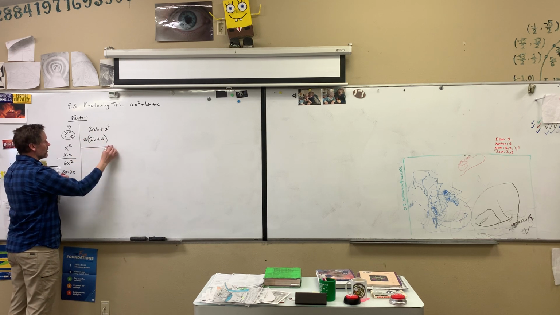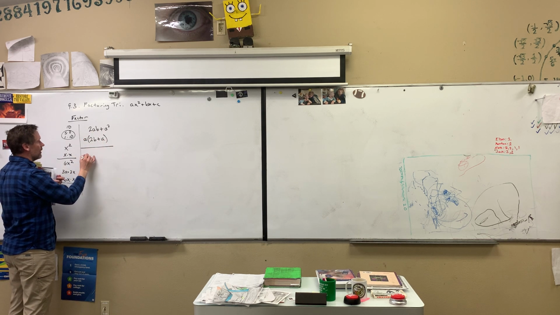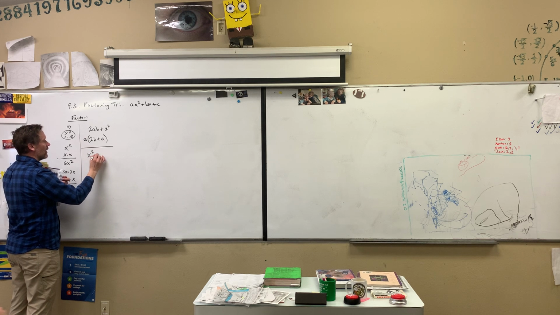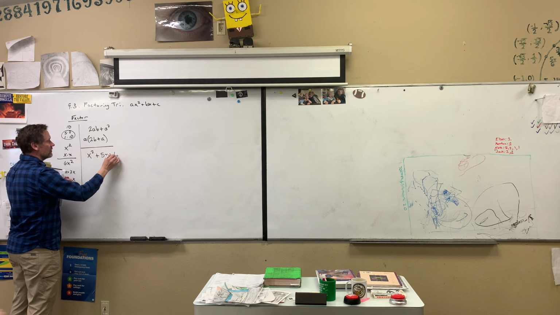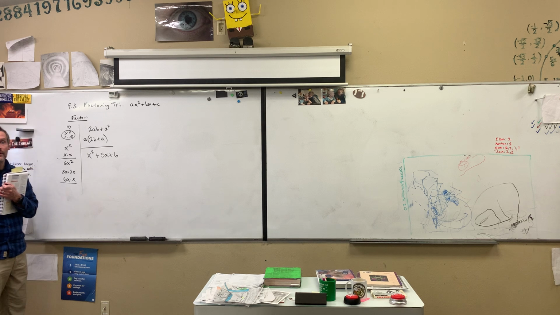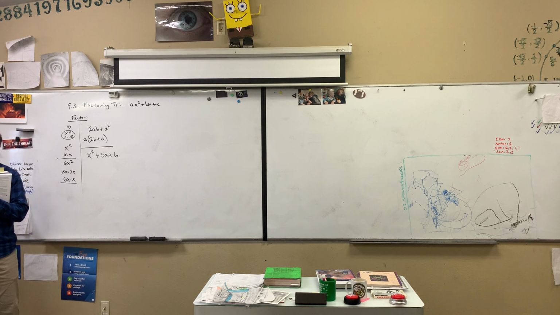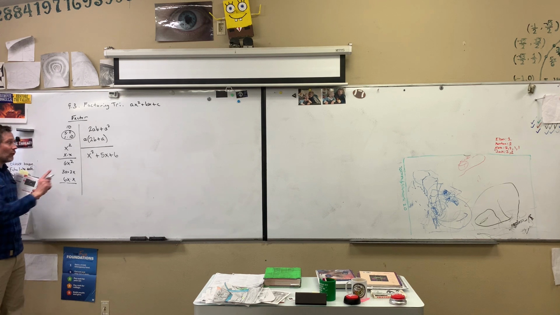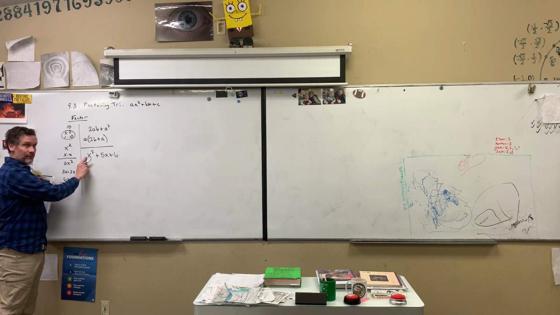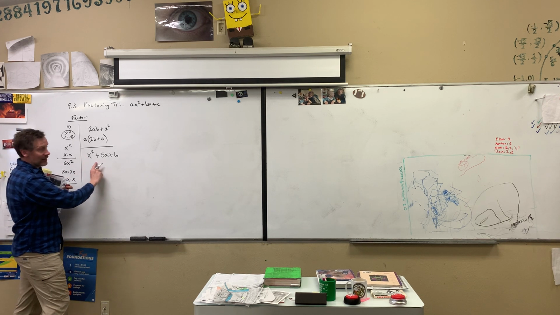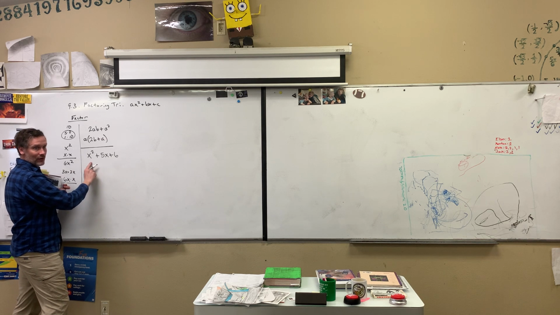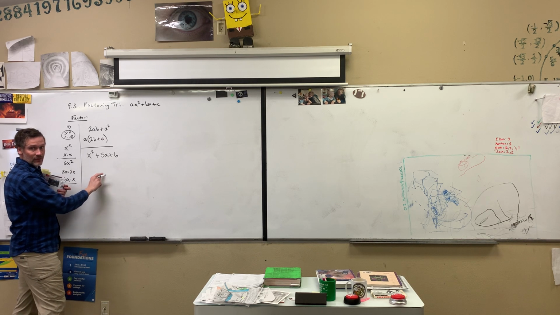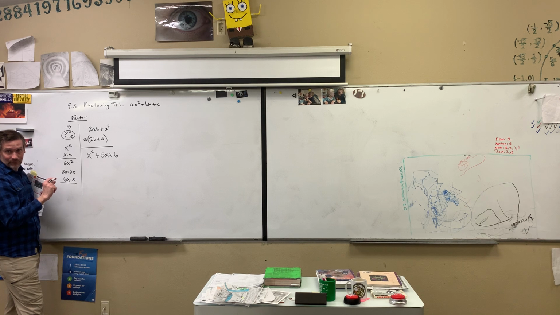So then we transitioned into talking about something like this: x squared plus 5x plus 6. And we factored those ones. When it has a coefficient of 1 in front of our squared term, these are called quadratic trinomials. It's a good term to know.